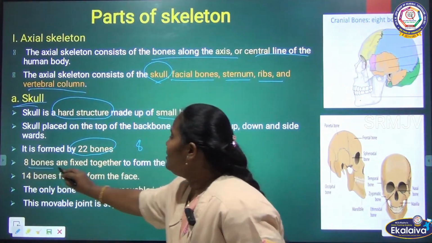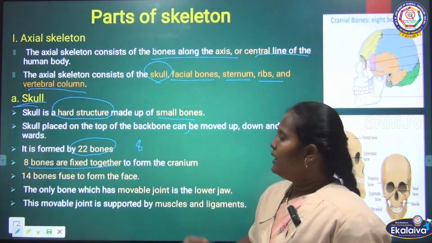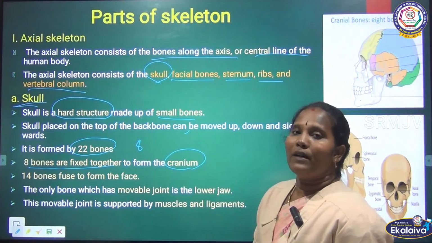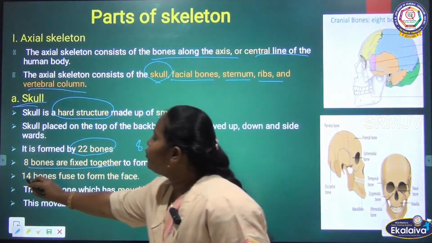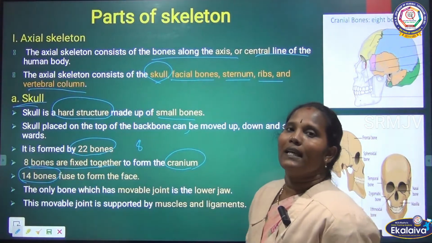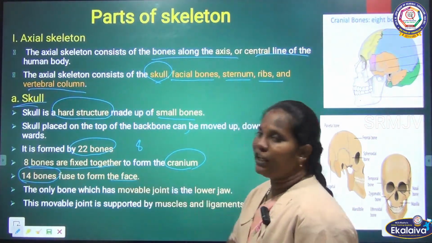They form a fixed structure, immobile bones. It is called the cranium. The remaining 14 bones fused together make our face. The face is made up of 14 bones.